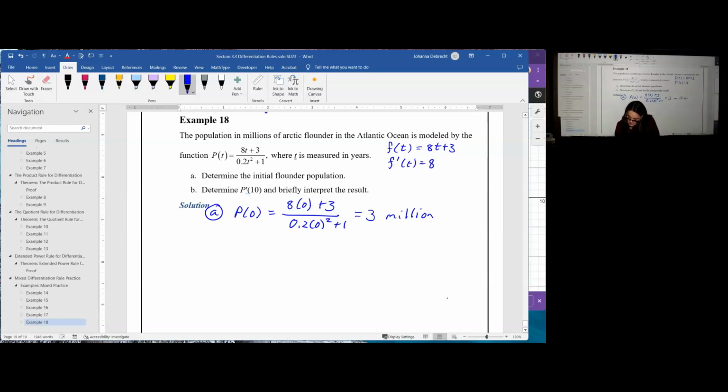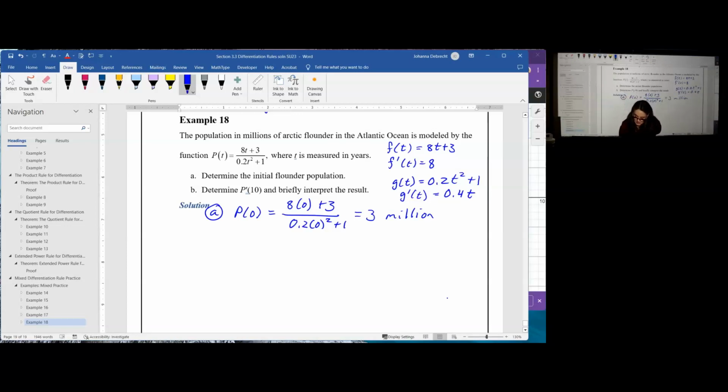The denominator is going to represent g of t, which is 0.2 t squared plus 1. G prime of t is equal to 2 times 0.2, or 0.4, times t. Remember, the derivative of a constant is 0.